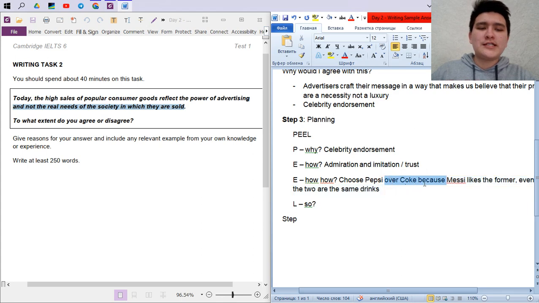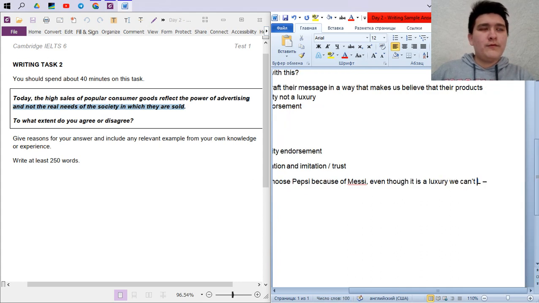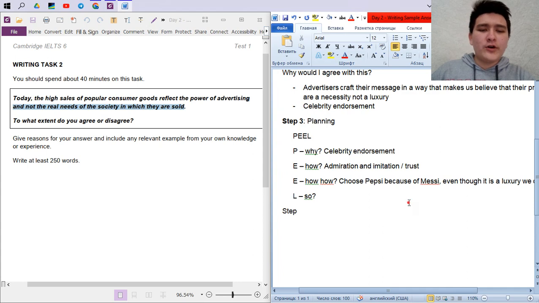Yes, it was unnecessary. So it could be just because of Messi, right? And even though it is a luxury, we can't afford. I mean, it's bad for our health. It's not a necessity. So advertising would sort of like, let's try to summarize it.